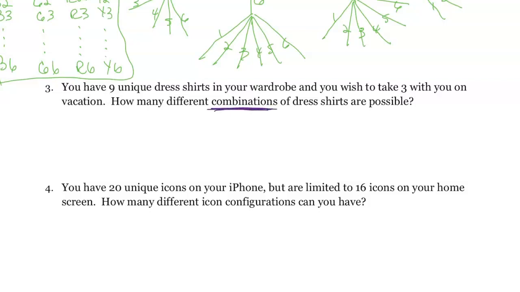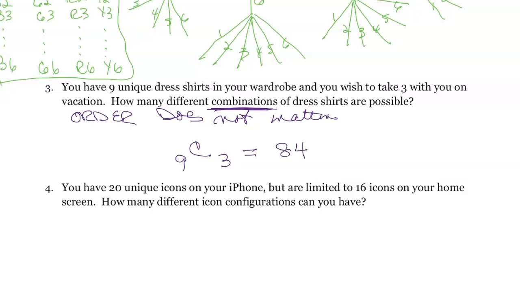Order does not matter. And that's the first thing to tell yourself. Order does not matter. Therefore, it's a combination. You have 9 unique dress shirts. You're going to choose 3. And that's going to give you 84 if you put that in your graphing calculator.